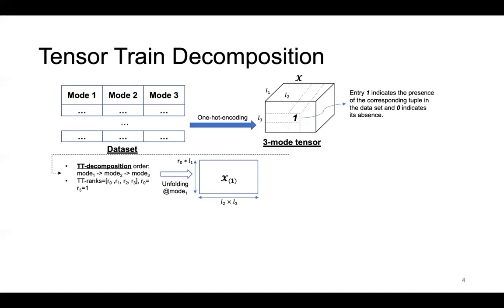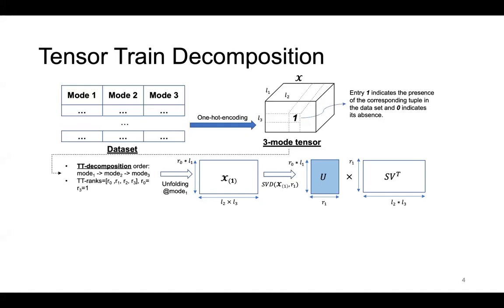And then we apply SVD decomposition to this unfolded matrix, and the target rank of this SVD decomposition will be R1. Again, this R1 is decided ahead of time. So after this SVD decomposition, we get the U matrix, S matrix, and V matrix. This is the first time we apply SVD decomposition to our unfolded matrix.